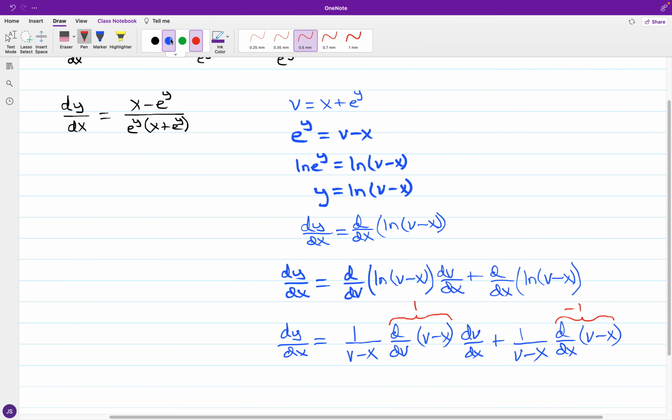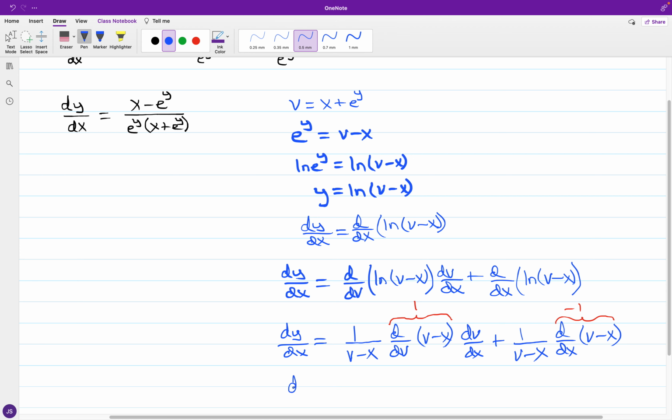Gathering together what we have here, it's 1 over v minus x times 1 dv over dx, and 1 over v minus x times -1.